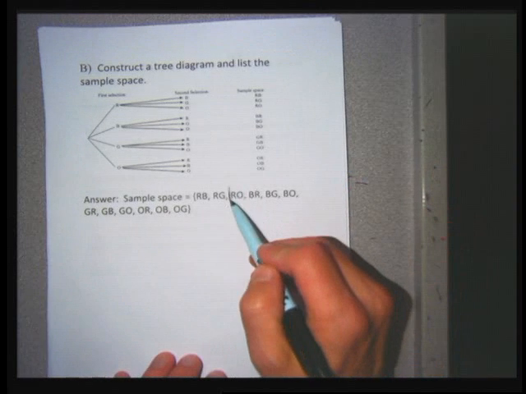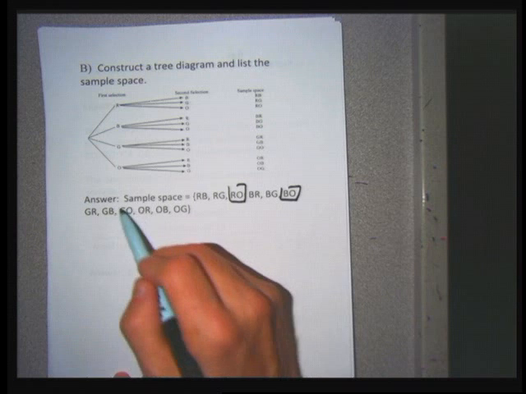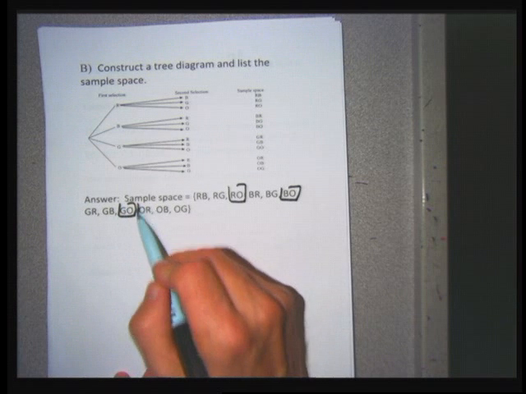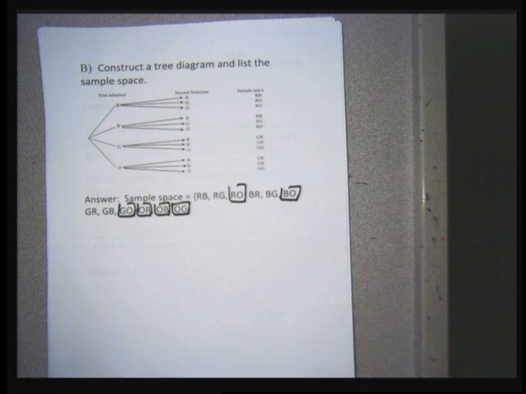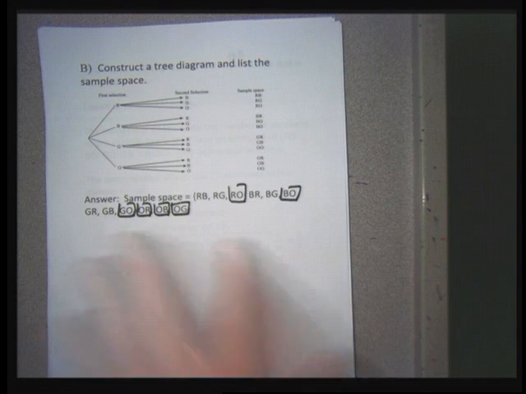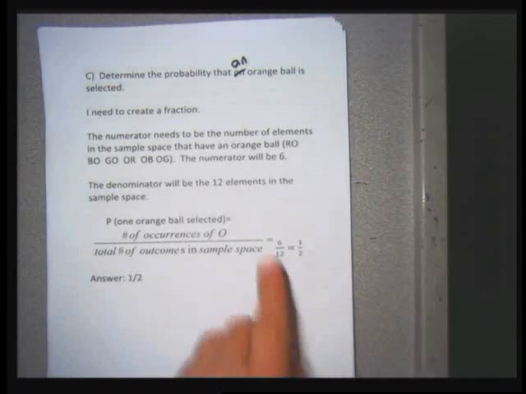Within the sample space, there are a bunch of O's, and any one of these items that has an O is going to be considered okay for the numerator, because we're trying to find the probability that an orange was selected, and there's 6 items that I just boxed, so the numerator of my probability should be 6.